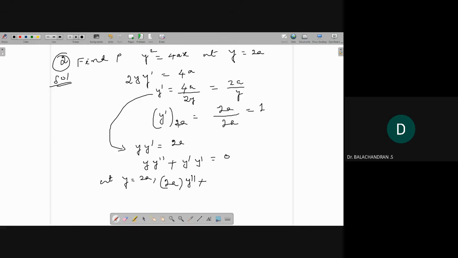So y dash at 2a is 1, so 1 square, equal to 0. So this implies y double dash is minus 1 by 2a. So here I directly calculated y double dash at the given point y equal to 2a. Now, y dash is equal to 1, y double dash is equal to minus 1 by 2a. I'll go to the next page.